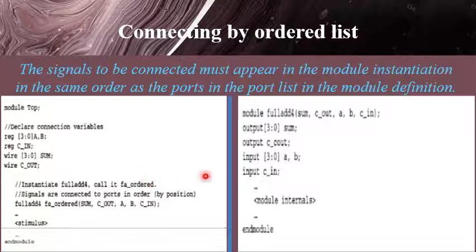What is important is only connecting by the same order. The order in which these ports appear in the module definition line and in the instantiation line should be same. The names can be anything. They can be same, they can be entirely different also.